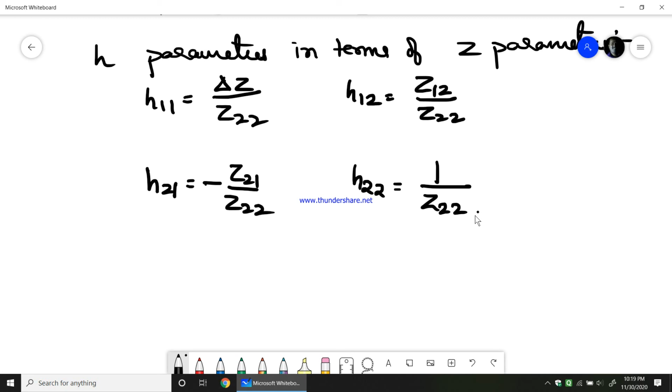In the same way, by doing this jumbling, you can try to derive for all other parameters, and finally you will end up getting a table of different parameters. I will just write that table now.